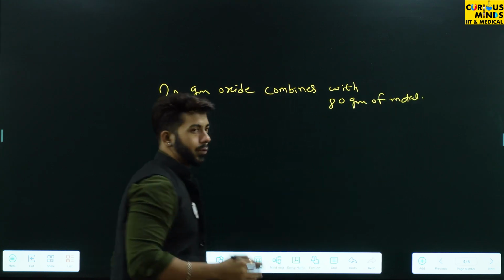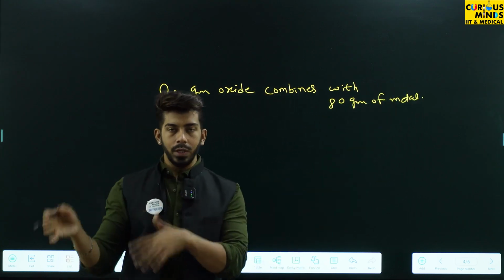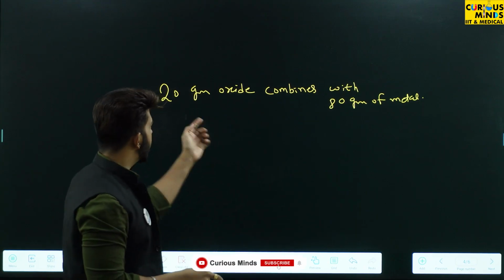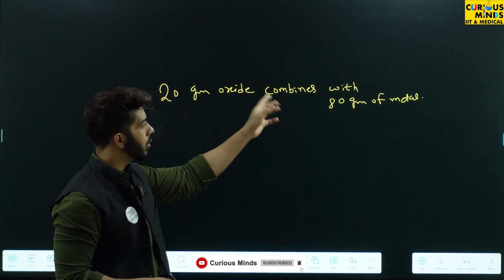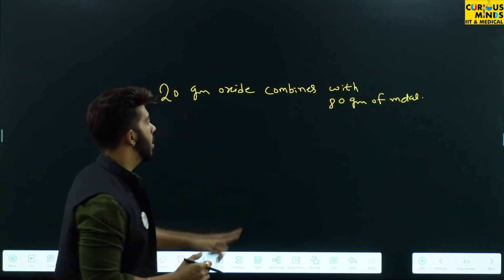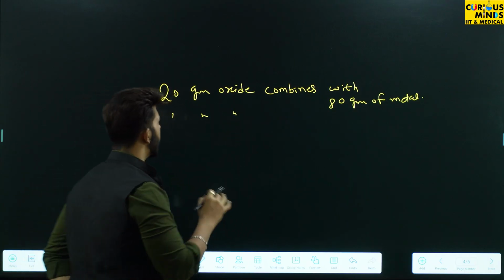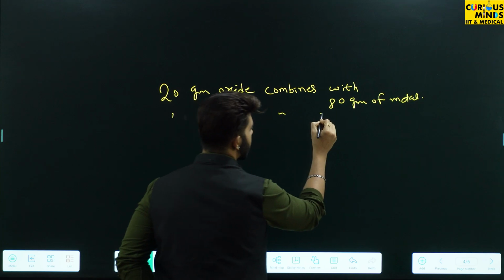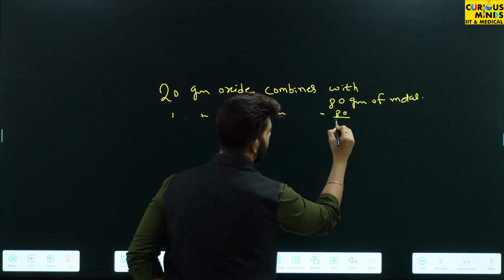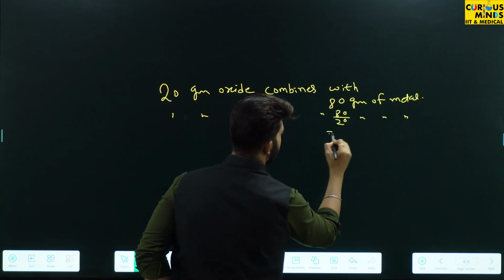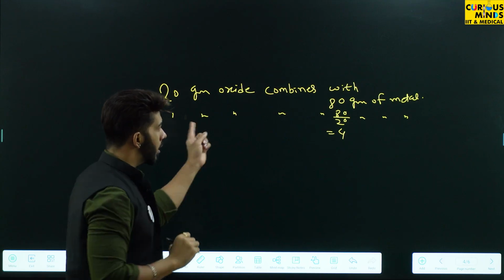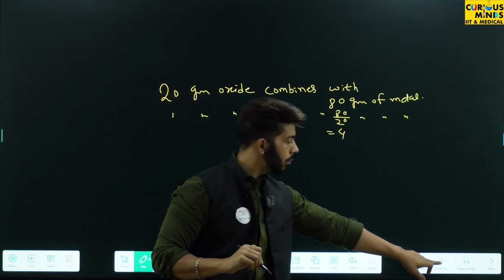Can I write this? Yes, of course. Because if the oxide part is 20, the metal part is 80, so I can write 20 gram oxide combines with 80 gram of metal. So 1 gram oxide, just the very basic unitary method, combines with 80 by 20 gram of metal. That is nothing but 4 gram of metal. So 1 gram oxide combines with 4 gram of metal.